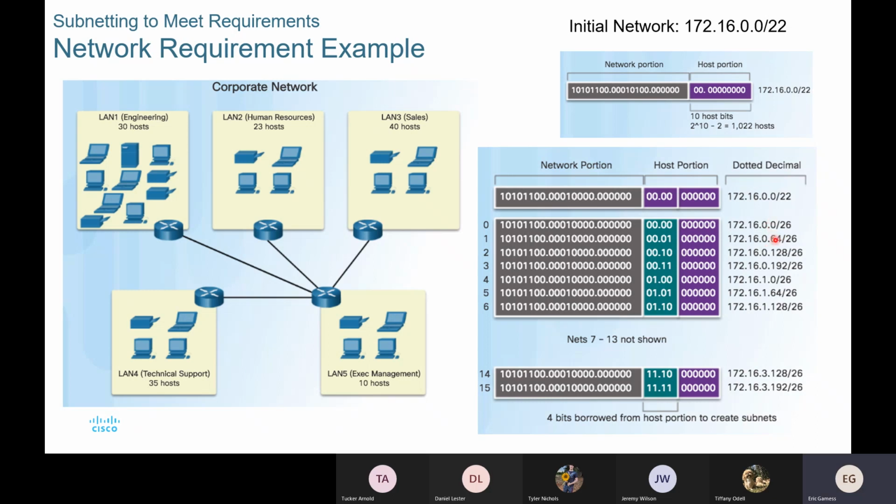So 0 plus 64 is 64. That will be the second subnet, or subnet number 1. 64 plus 64 will be 128. That will be the third subnet, or subnet number 2, as you can see here. 128 plus 64 will be 192. That will be the fourth subnet, or subnet number 3.